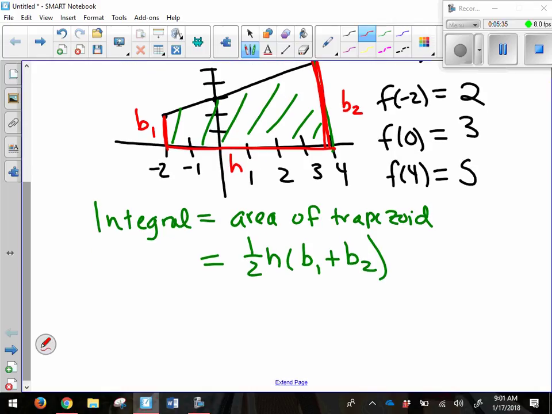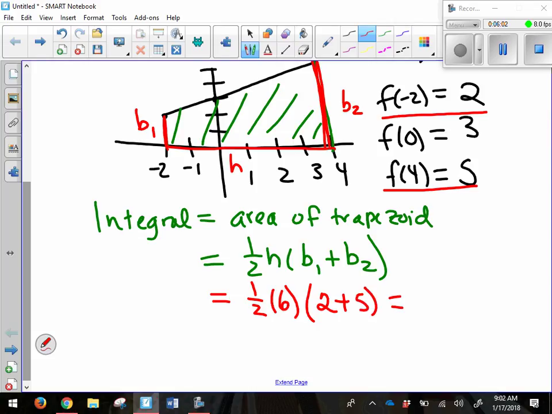Okay, so we can substitute in here, and we've got 1/2 times the height, 6, times B1, which is f of -2, which we already figured out to be 2, plus B2, which is f of 4, which we already figured out to be 5.